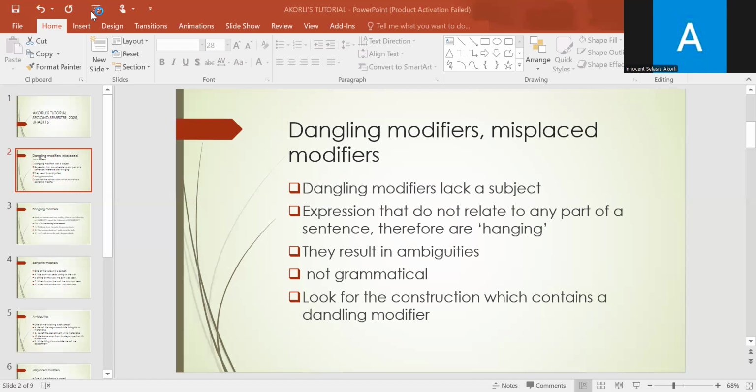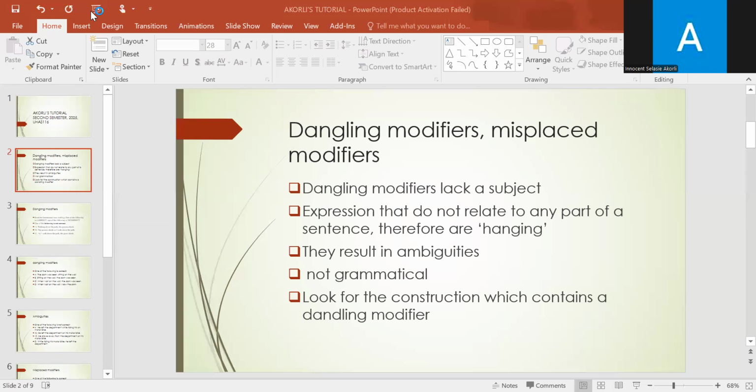And then in examination, you may see sentences that are constructed, maybe A, B, C, D. And then they may ask you to identify the one which is not grammatical or the one which is not correct.